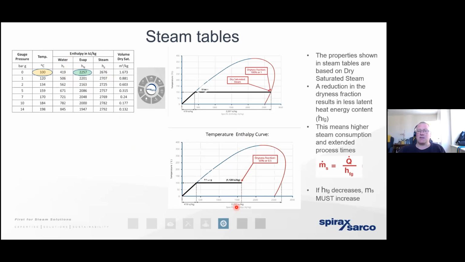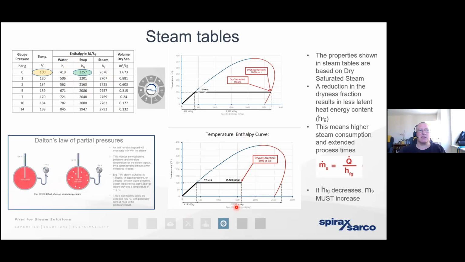And if we add that to the challenge of having steam that has an excess of air entrained within it, then the insulating effect of the air combined with the wet steam means that we simply aren't going to have steam that can keep up to the process requirements and expectations. But the venting of air and the drying of steam can very easily be addressed by ensuring that we've got the correct conditioning ancillaries in the distribution pipework.